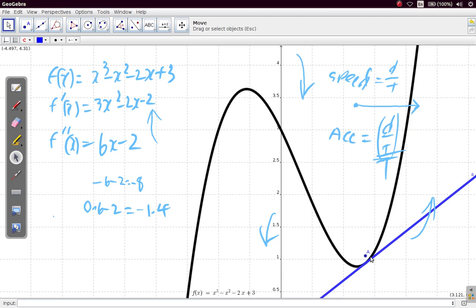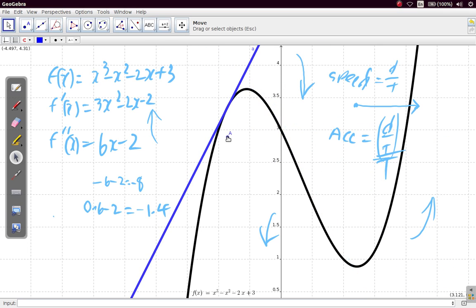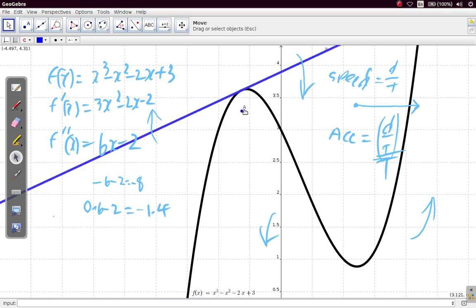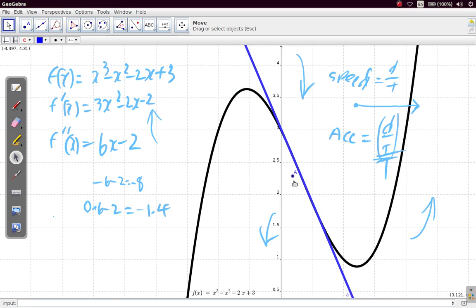Now, as you saw, the gradient was swinging. The right hand side swinging down, slower and slower. Then it starts to swing up. Now, the second derivative is telling you the rate of swing.